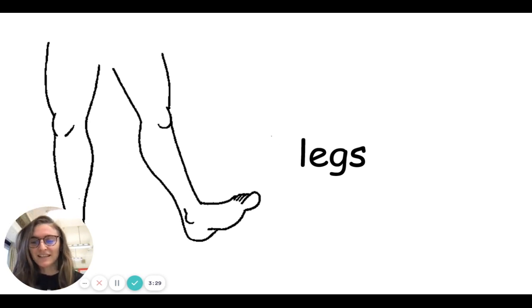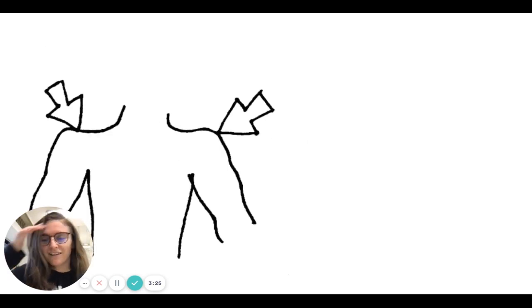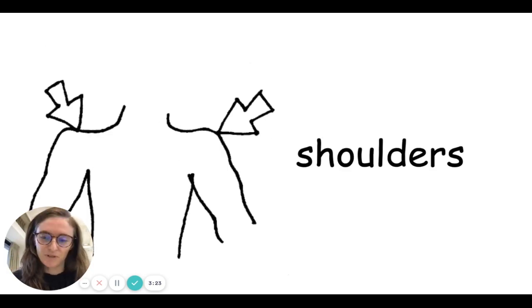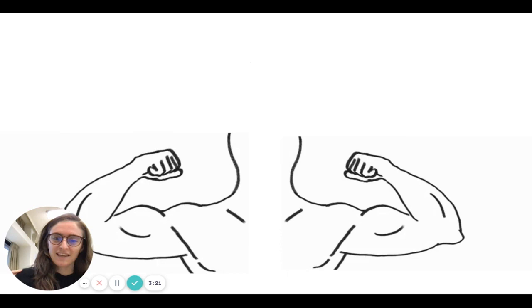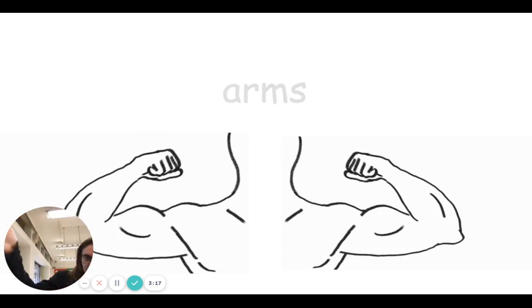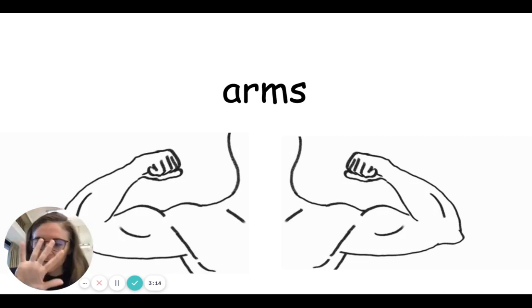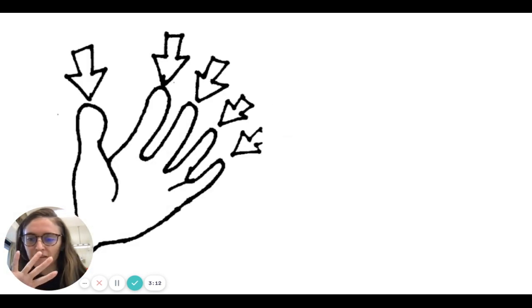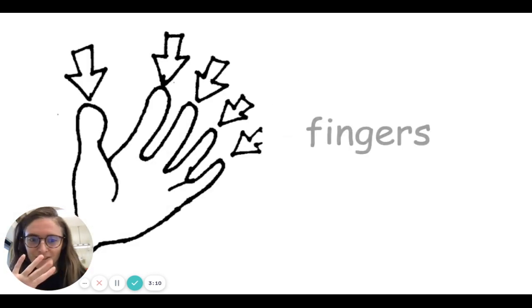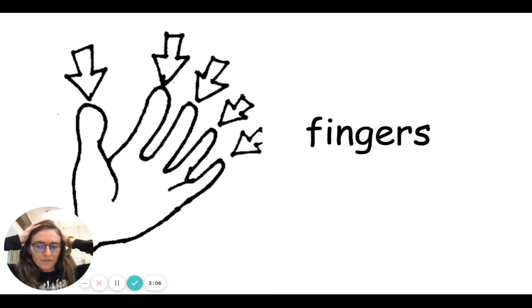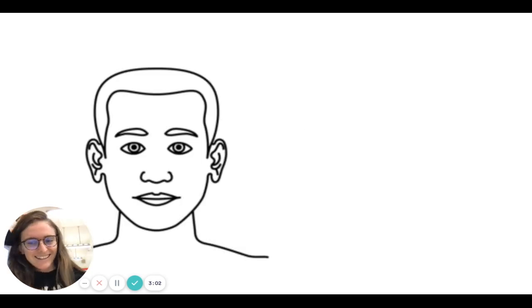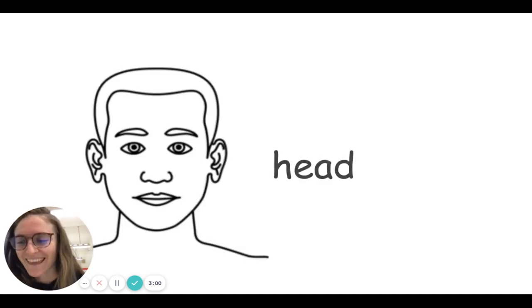Let's keep moving up. Here are shoulders. Then all of this is our arms. And then at the very tip, what do we have? Our fingers. The last vocabulary word is this right here. Very important part. It's our head.